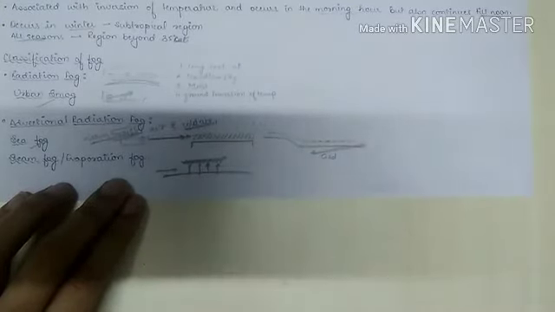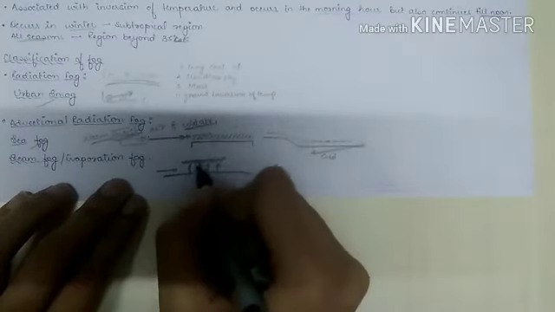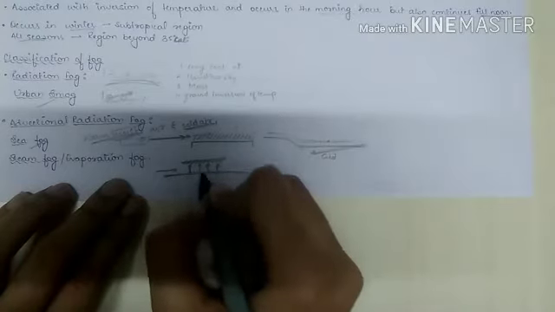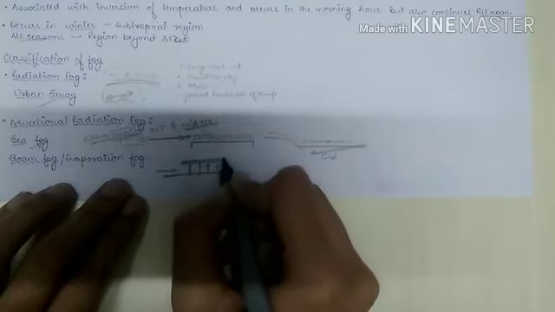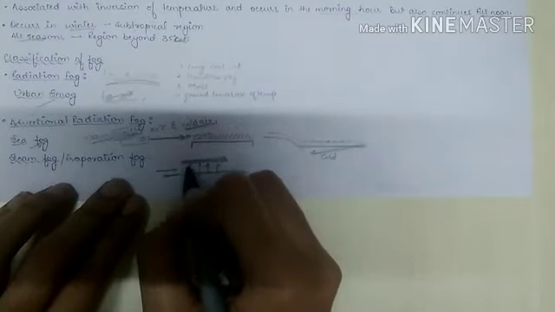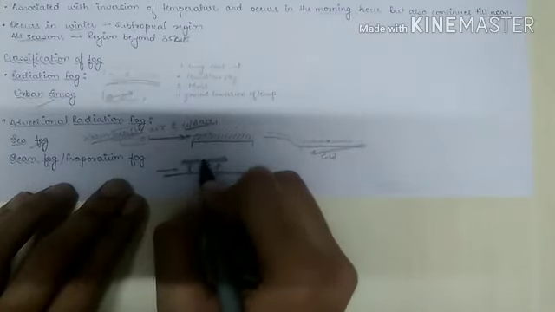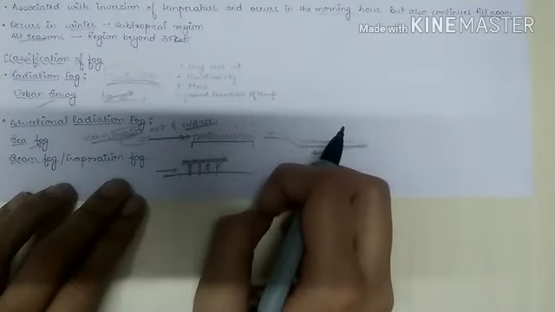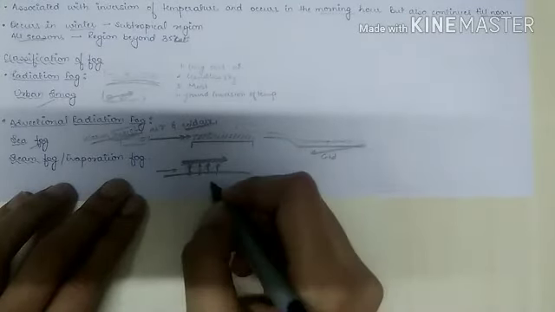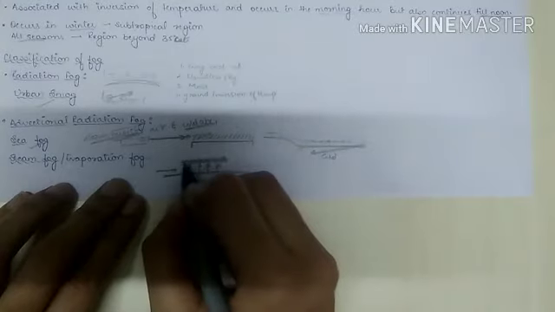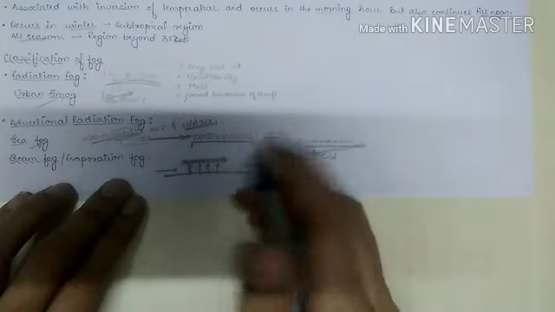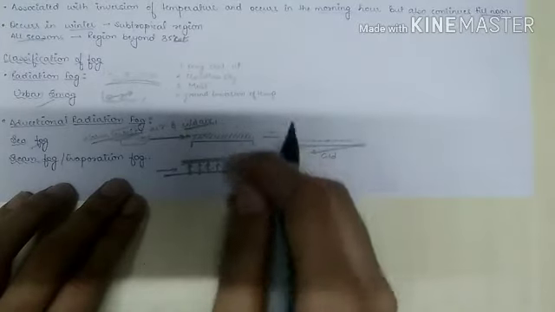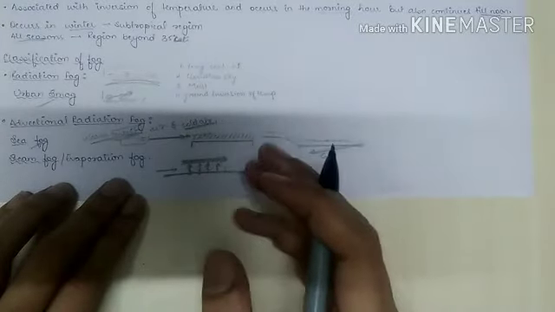Due to the cold condition in the upper atmosphere, what will happen? These warm water vapors will condense and the fog will be formed. The vapor particles above the water surface look as if steam is coming up from the water.